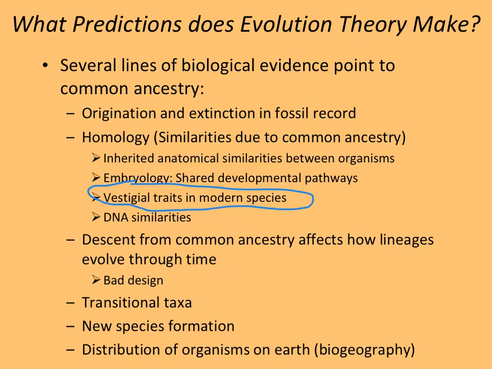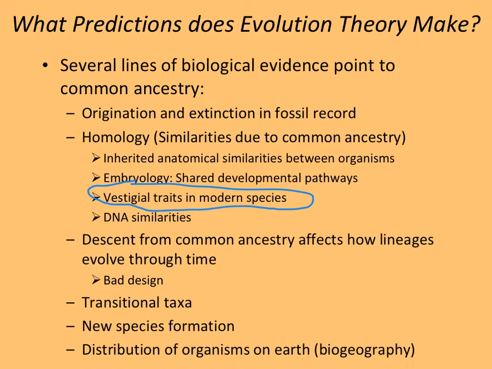So why isn't it well designed? Well, evolution only works with what it has, and it inherits all these other traits that might not be useful anymore. So it has to do workarounds. And then there's transitional taxa, kind of like missing links, lots of those.